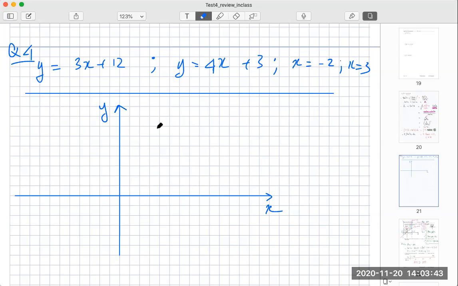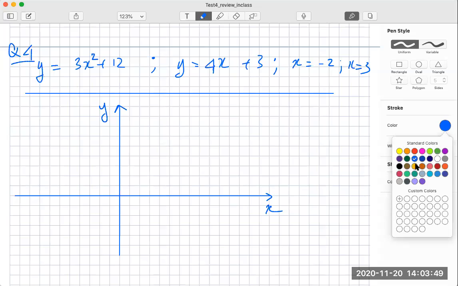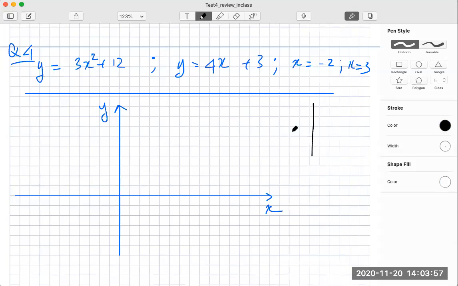So, oh, this is 3x squared plus 12. In order to graph it quickly, remember, x squared is this guy, right? x squared is like this one.